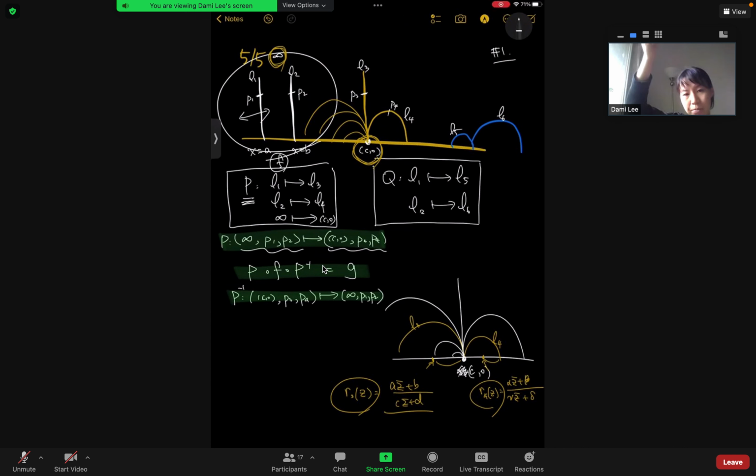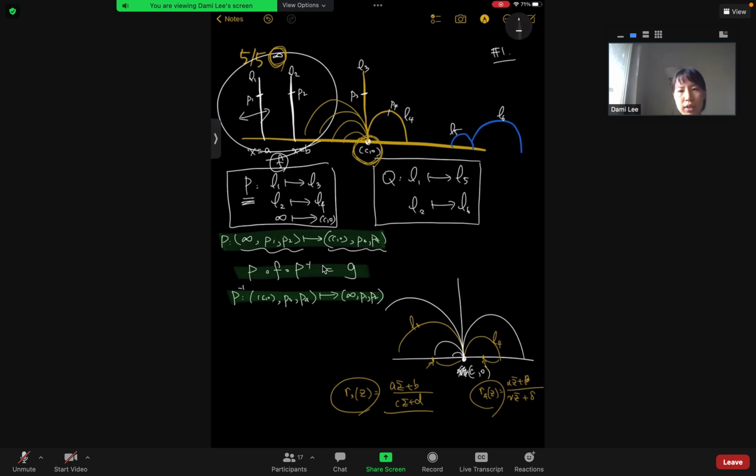The thing is, when I map this through P and I go over to my set of yellow lines, P1 and infinity are sent to P3 and C comma 0. So I have 2 points there, and the reflection about L1 is now mapped to the reflection about L3, because a geodesic is just defined.